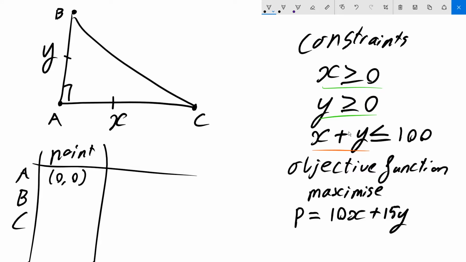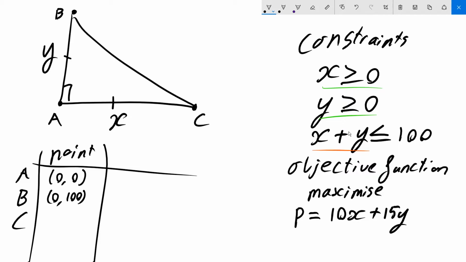And B was the y-intercept of this constraint here. So that was 0, 100. And according to what we saw beforehand, this should be our maximum.